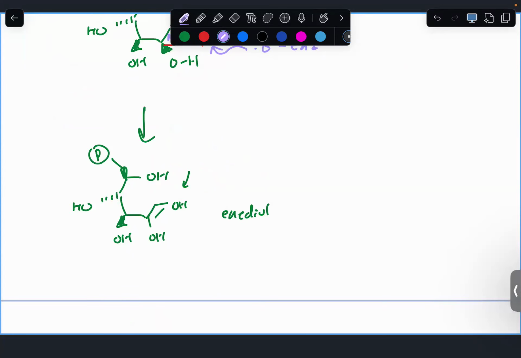And after that, we're in a position to switch the carbonyl. Oops, I didn't mean to erase the ene diol part. I just need to get the bonds here. So once we get the ene diol, we're in a position to switch the carbonyl.